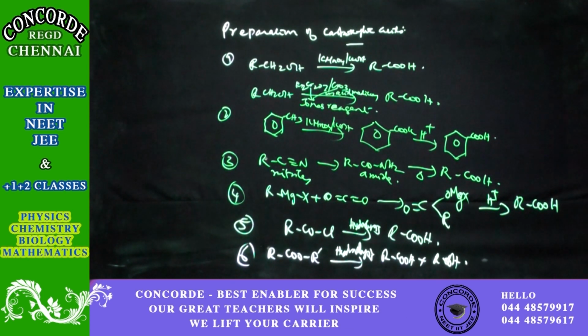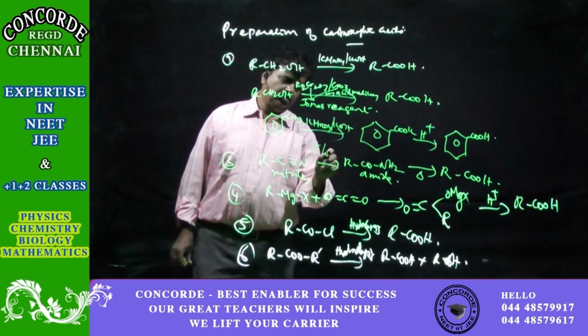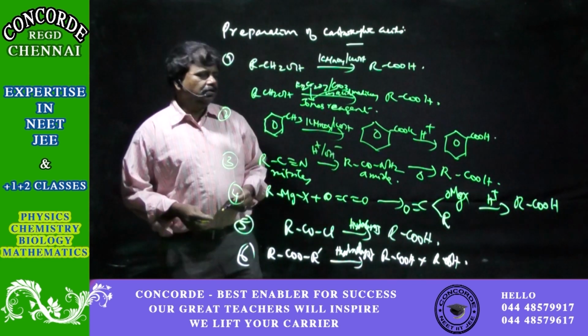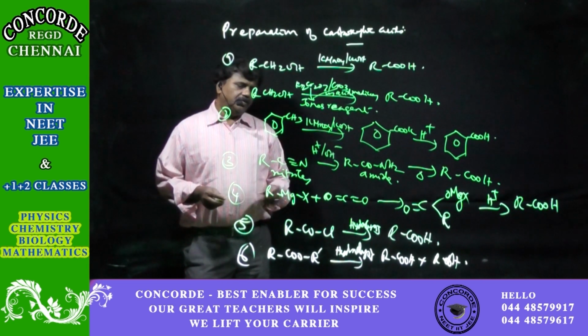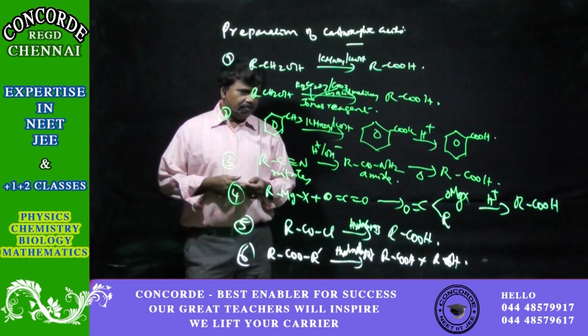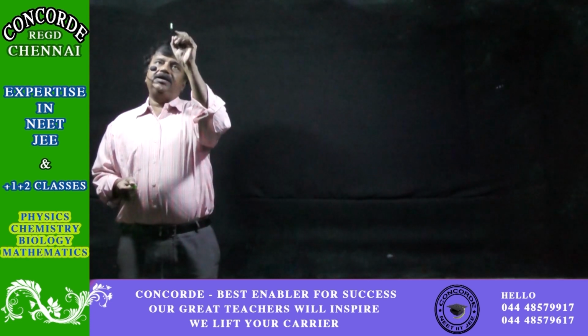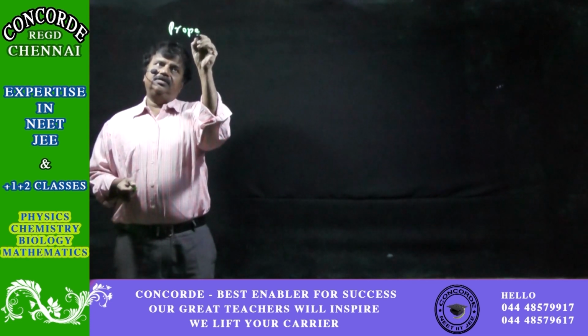This actually happens in the presence of H plus or OH minus. So these are some of the methods of preparation of carboxylic acids. Now let us see the properties of carboxylic acids.